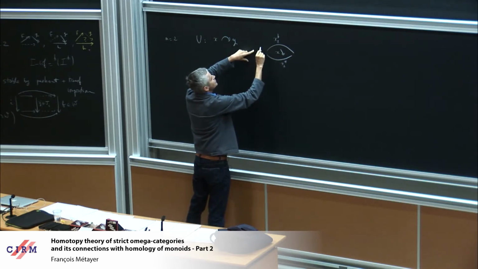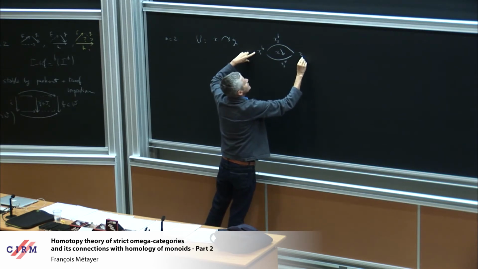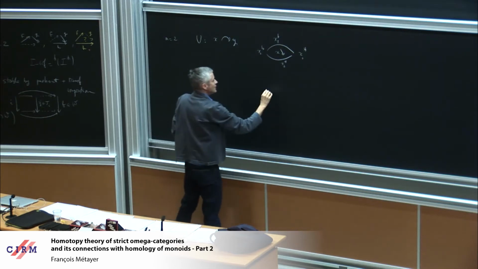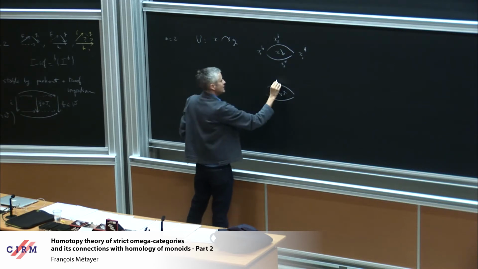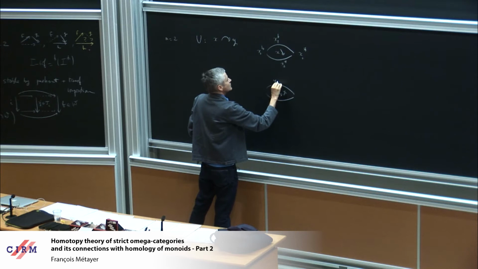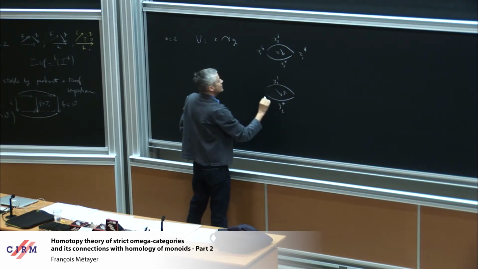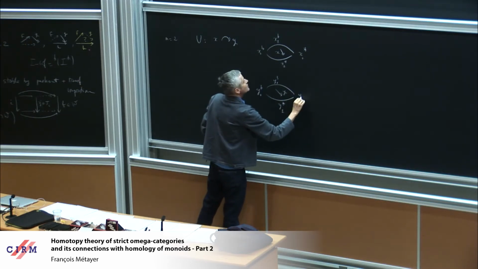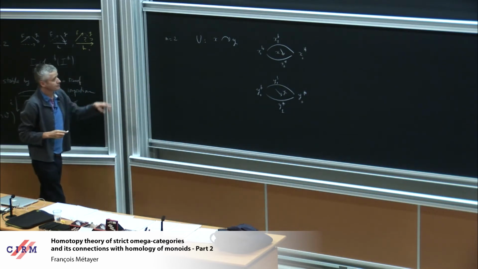That's the zero source. That's the zero target here. And there's another cell here, Y, two cell, to this here. So it appears like this.